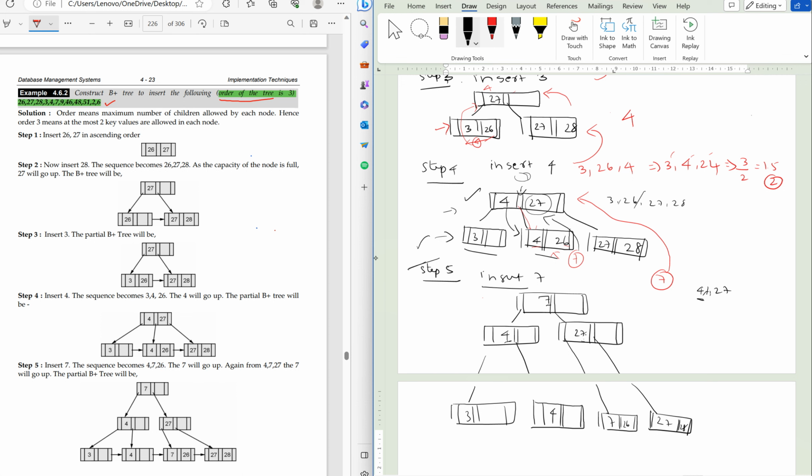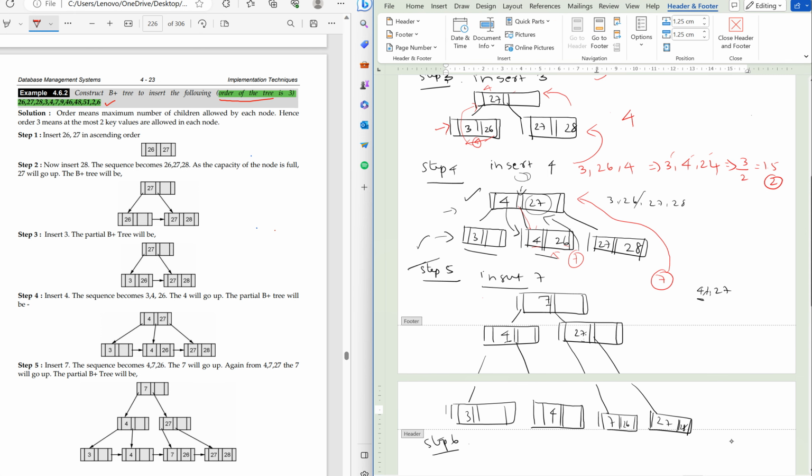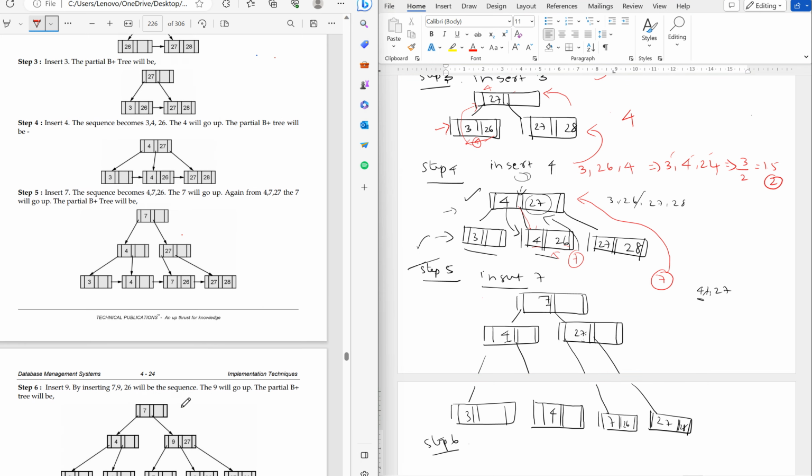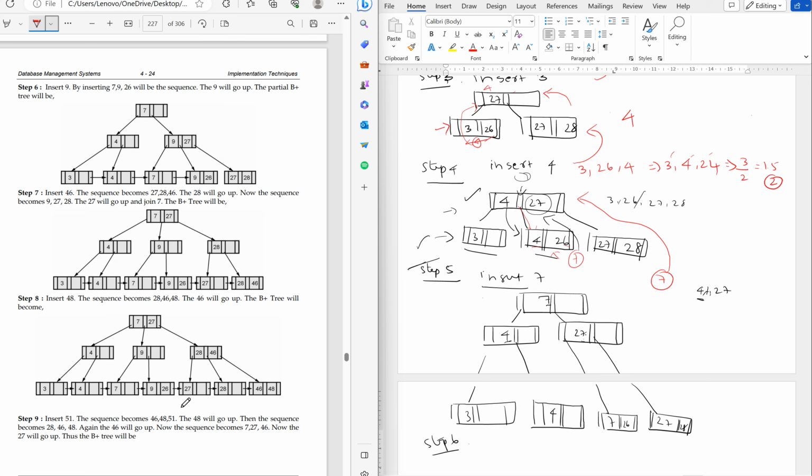And then coming to step 6, the same thing is followed.